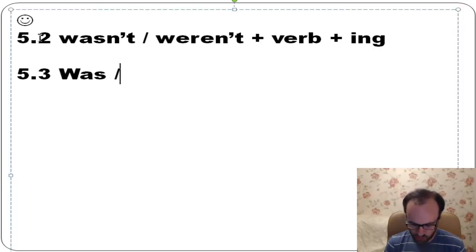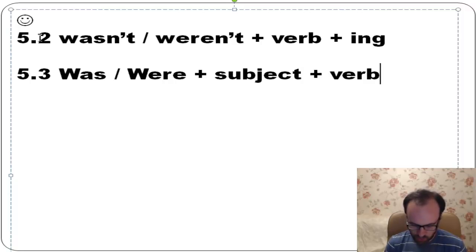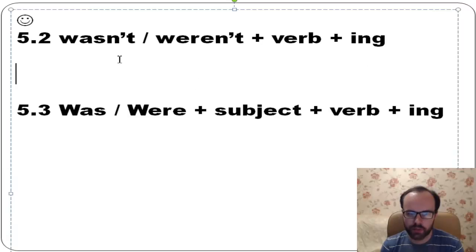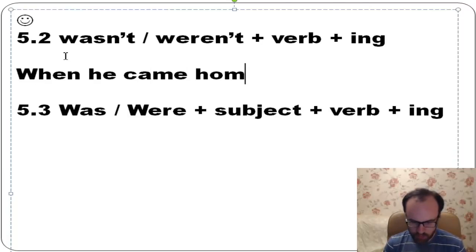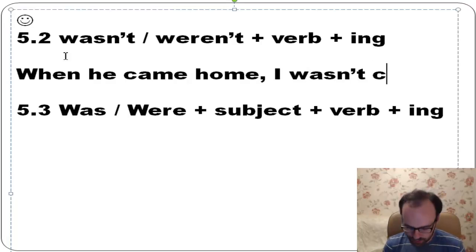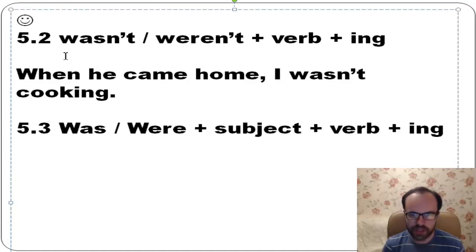So was or were plus subject plus verb plus ing. For example, when he came home, I wasn't cooking. When he came home, I wasn't cooking.